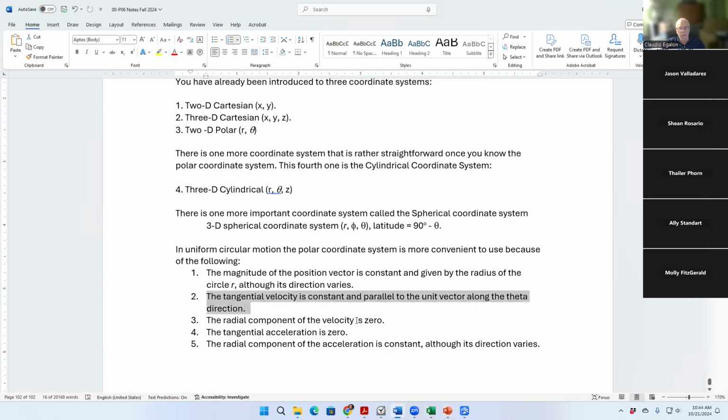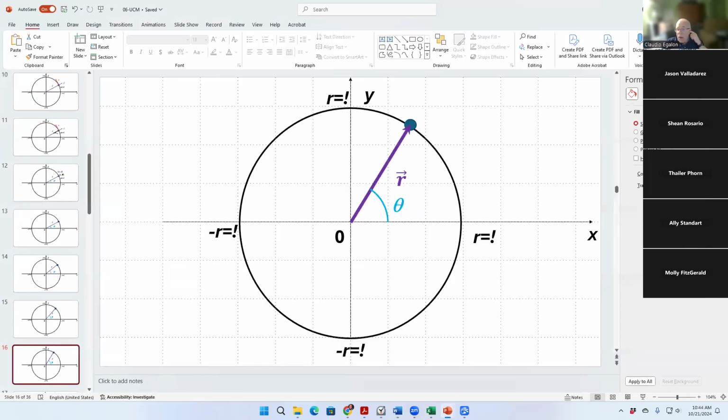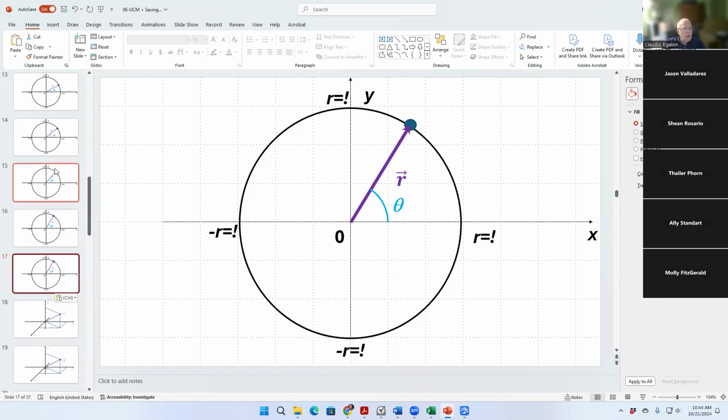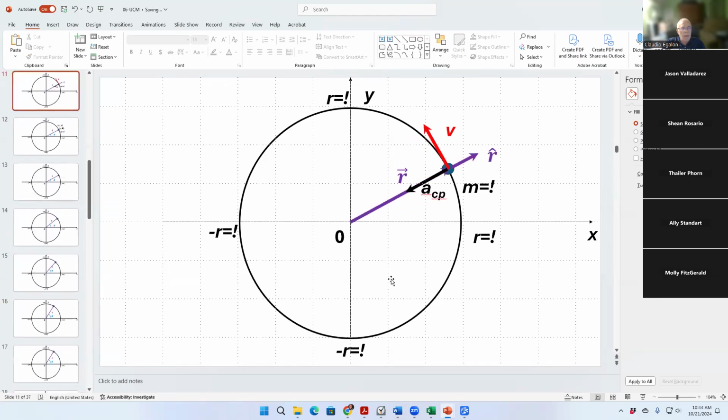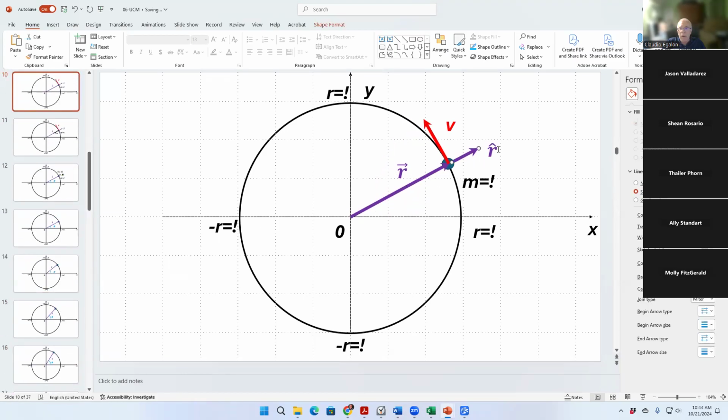The tangential velocity is constant and parallel to the unit vector along the theta direction. Okay, and let me show you. I didn't show you every vector that I was supposed to show, right? So I already showed you the unit vector along the radial direction. Let's go back here.